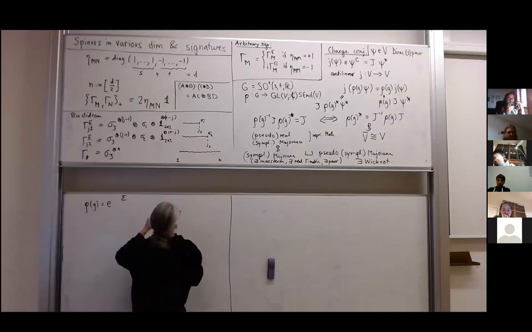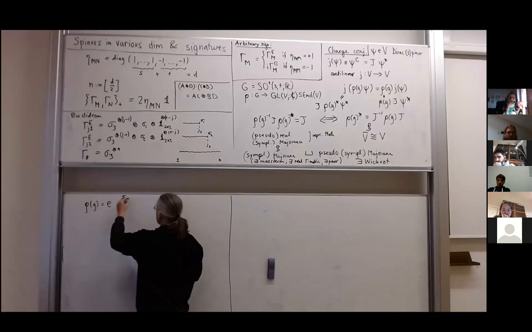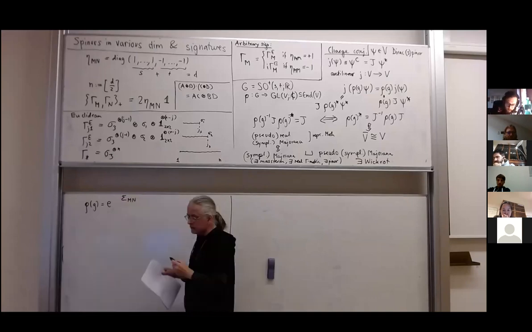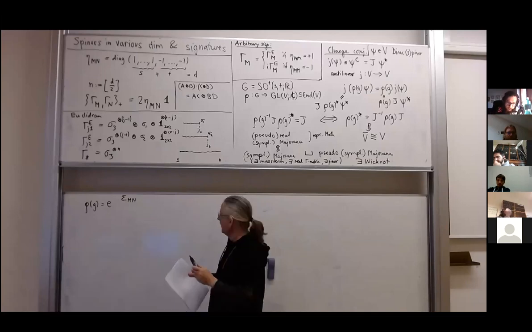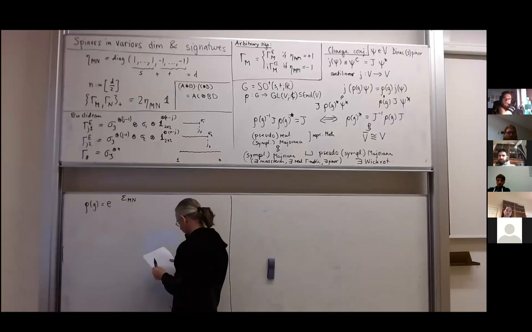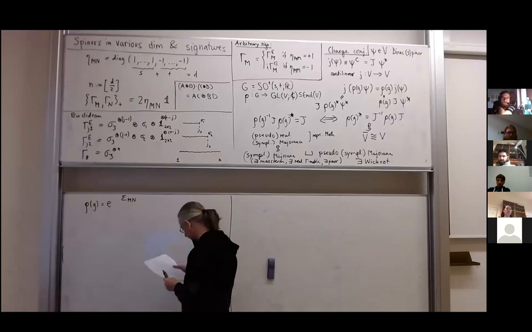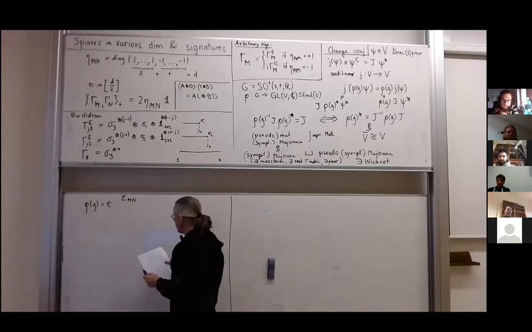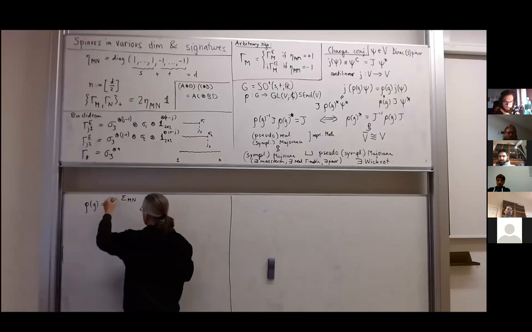I don't know what to call them, so I just call them Lorentz matrices. So sigma mn, which you might remember was equal to half gamma mn, where this was the anticommutator of two gamma matrices, and then multiplied with some generators or some parameters omega mn like this.